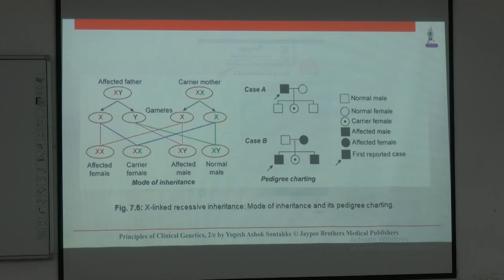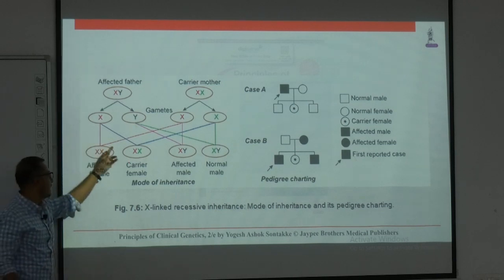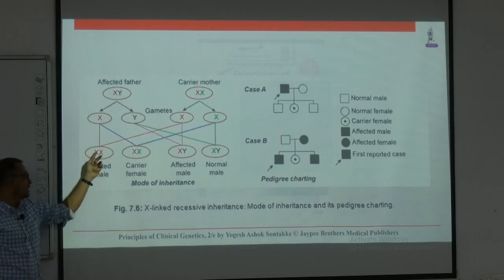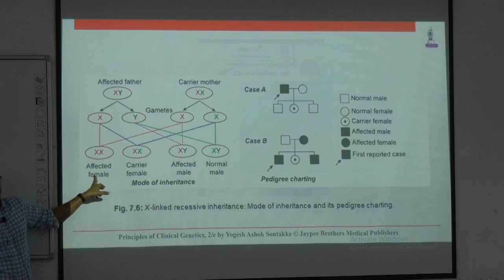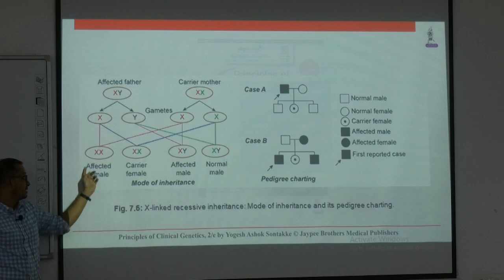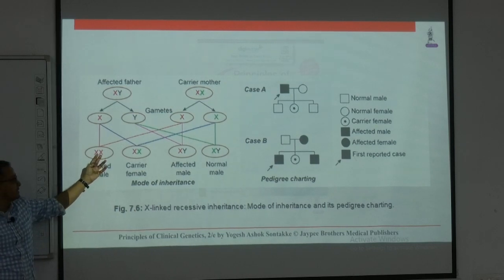So when this individual is born, there are chances of this affected X being transmitted through XX, which is the affected female with a double dose. That means this female child is grossly affected. We call this a heavy load disease, if you have double dose expression here.